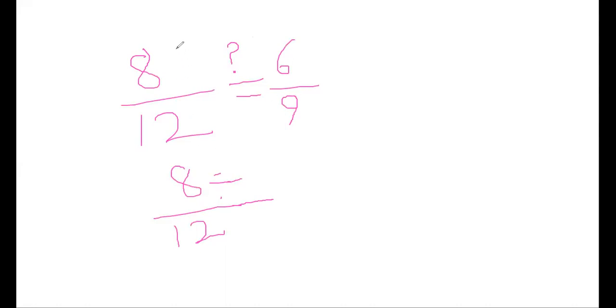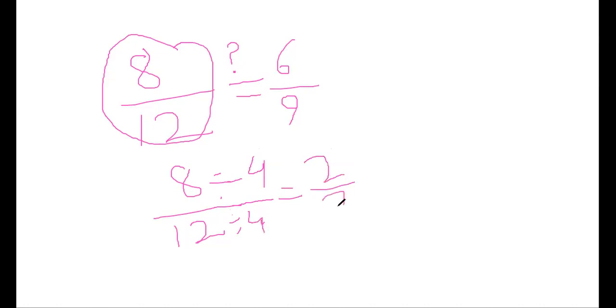You will take the first side, 8 over 12, and change it into simplest form. How can you change it into simplest form? Dividing by what? As you know, dividing by 4. So 8 divided by 4 is 2, and 12 divided by 4 is 3.